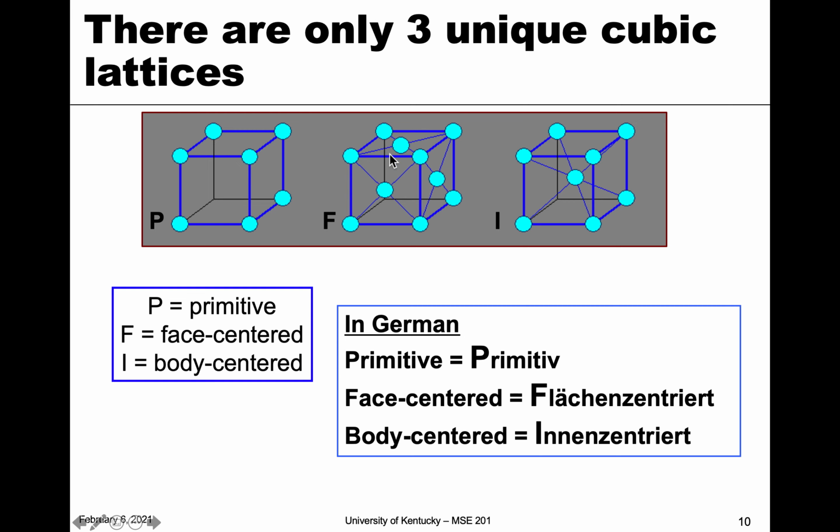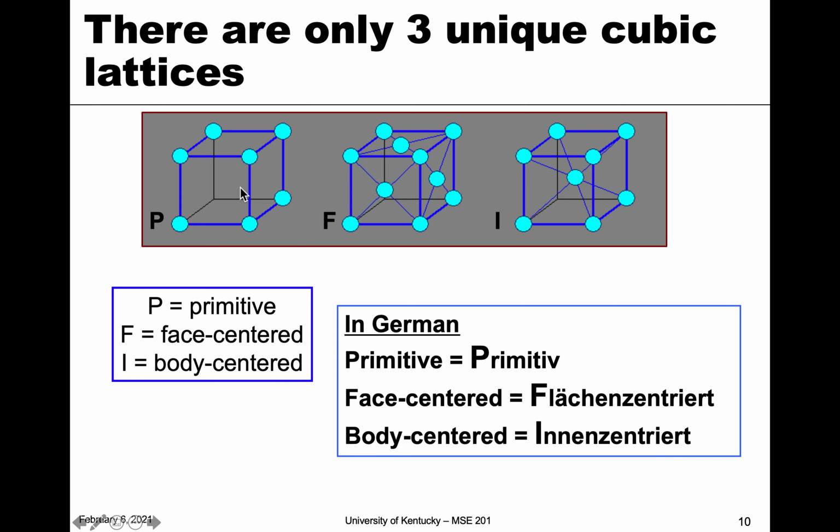We have the face-centered, indicated by F here, primitive by P, and then we have body-centered, which is indicated by I. If you're wondering where those letters come from, P and F are probably self-explanatory, but the I is because all of these are from German, and body-centered translates, and I don't know how to pronounce it because I don't speak German, but basically that's talking about the body-centered position in German, so it's I. So that's where those letters come from, if you are curious.